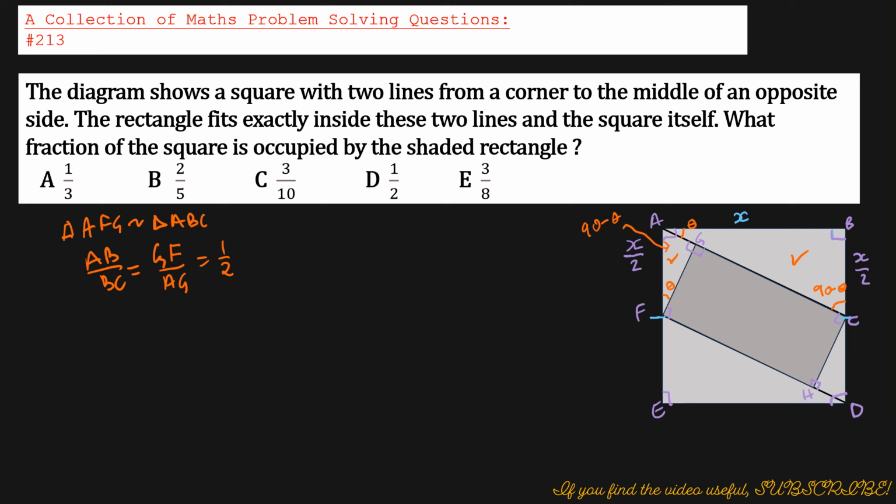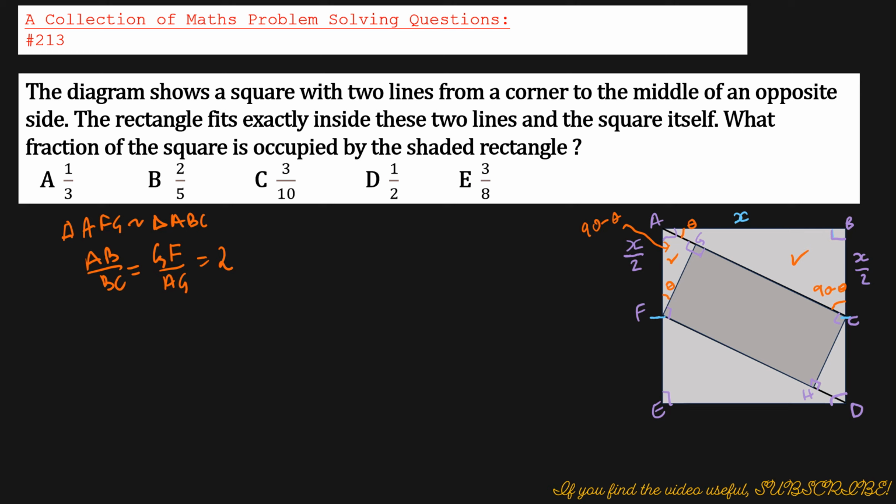Oh no, sorry, that's 2, I think. It's the other way around. Because AB is x and BC is x out of 2, so x divided by x out of 2 would give you 2. So that means AB is twice BC and GF is twice AG.